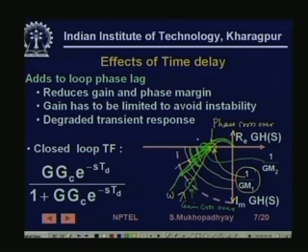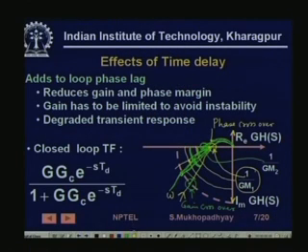So this is how the system is gradually coming closer and closer to instability, and therefore the maximum gain that you can use for the plant which is represented by the yellow line, and the plant which is represented by the green line, you can use a lower gain, right. So this is what happens. This is why gain has to be lowered to avoid instability, and that in turn causes problems in the response.